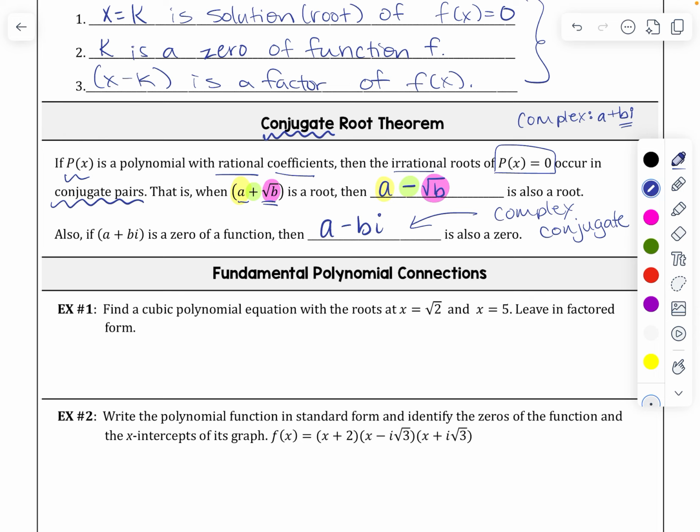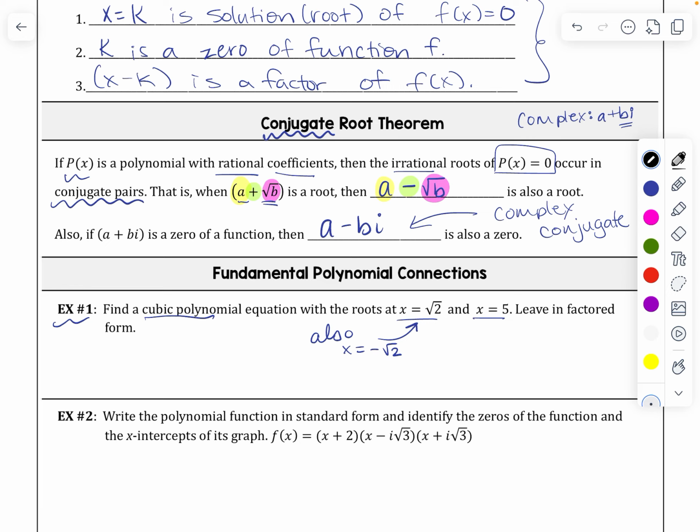All right, let's do some examples. So this first example, number 1, it says find a cubic polynomial equation with the roots at root 2 and 5. Leave it in factored form. Well, here's what we know about the root of 2. Because we know that this is an irrational number, it also will have a root of x equals negative root 2. They go in conjugates.